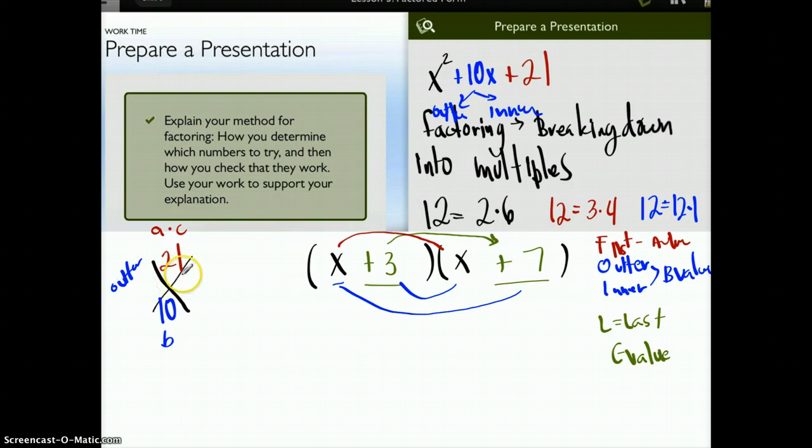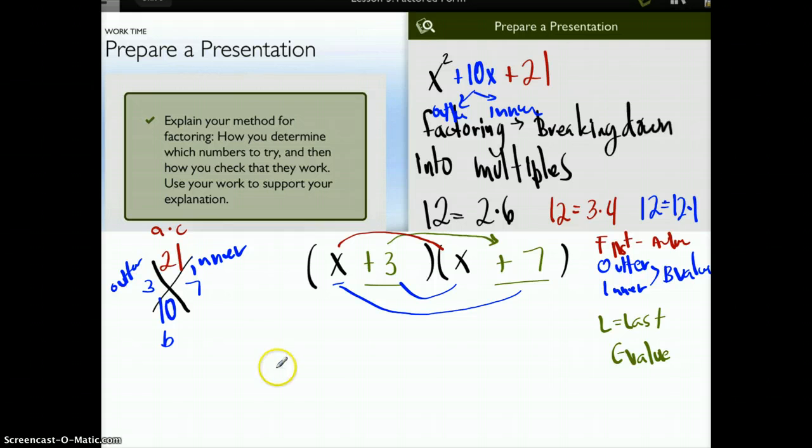It doesn't really matter, they're actually interchangeable, but it might be a little bit clearer if I write it out. So outer and inner, I'm eventually going to add them together. In this case, it's going to be 3 and 7. So the outer term, 7x, inner term, 3x. And we're going to rewrite the whole thing in order.